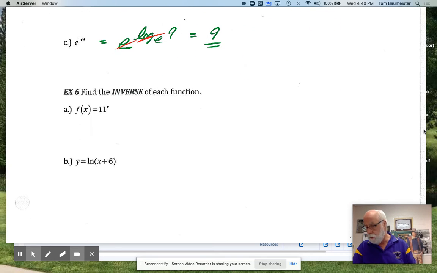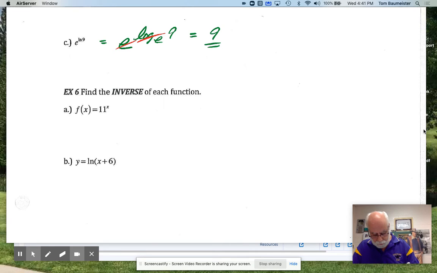So let's do 6. Find the inverse of each function. So A, we have f of x is equal to 11 raised to the x power.